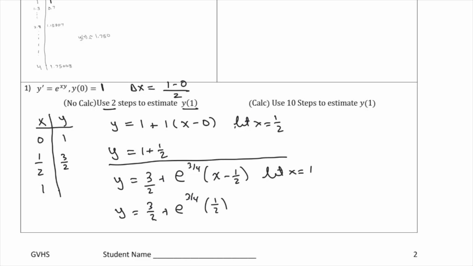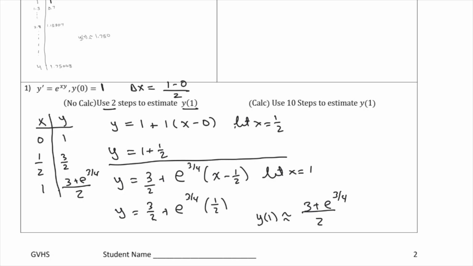Put this all together, and we will have (3 plus e to the 3/4) divided by 2 as our new y value. So y at 1 is approximately equal to (3 plus e to the 3/4) divided by 2.